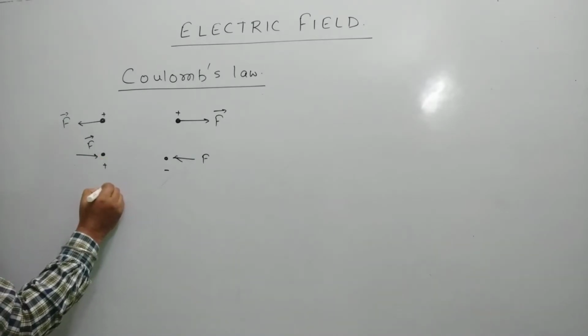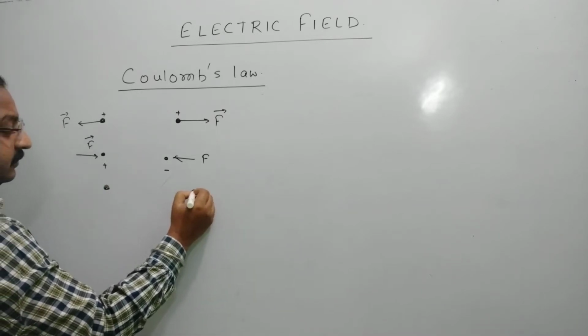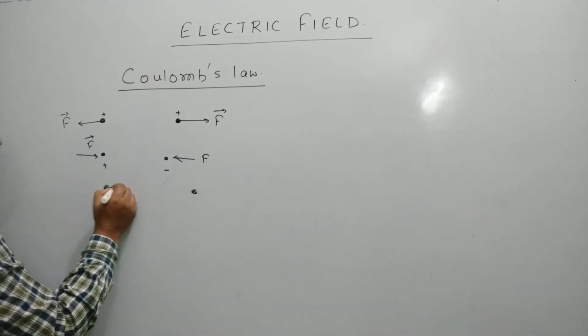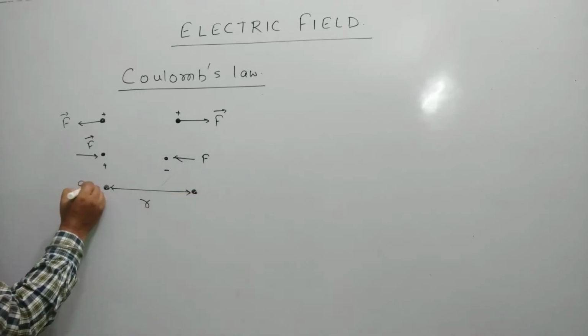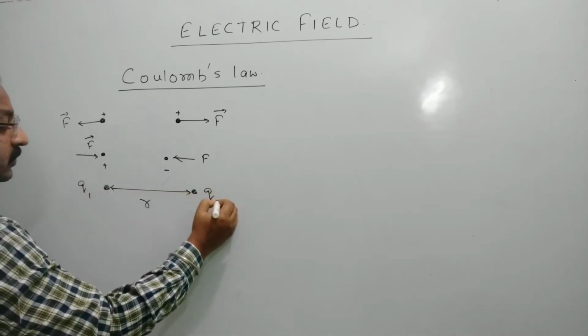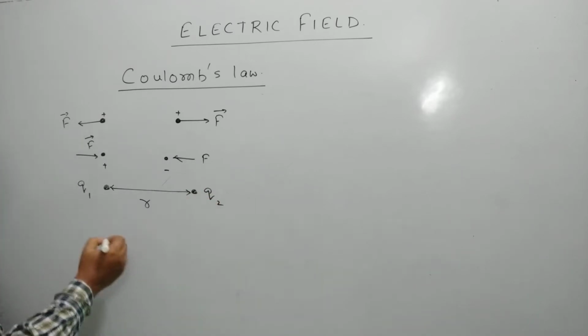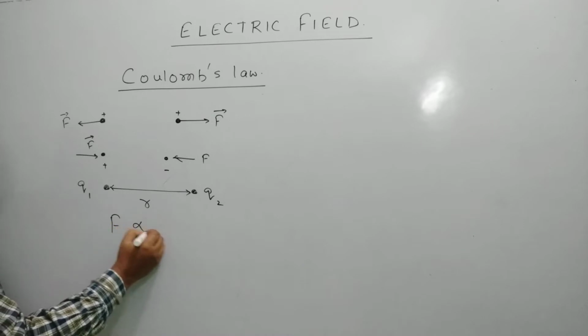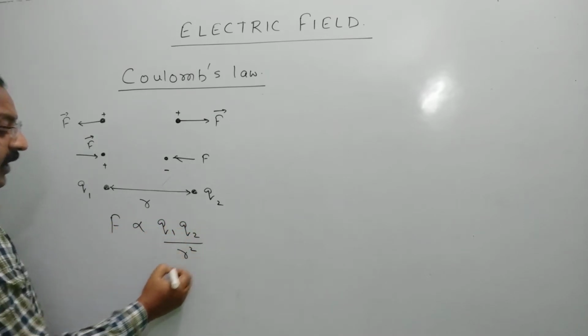If you have two charges q1 and q2 separated by some distance r, a force of attraction or repulsion acts, that is proportional to q1 q2 by r square.